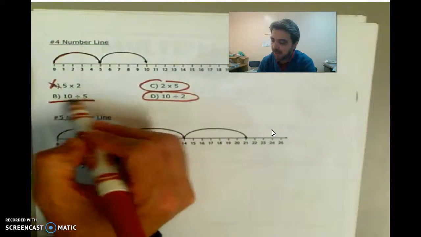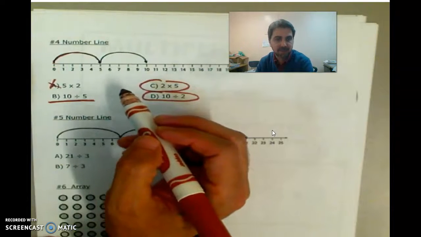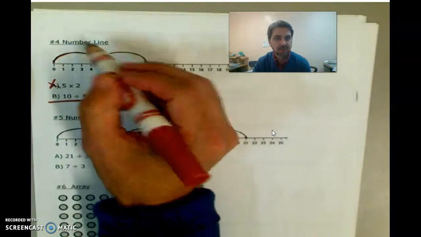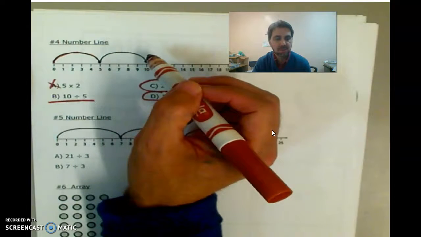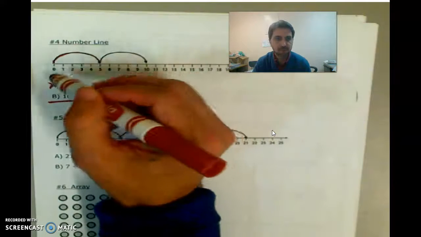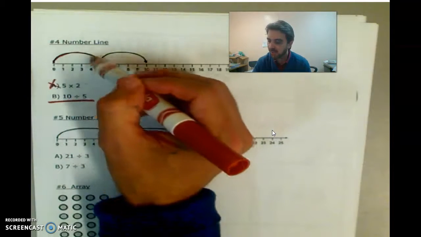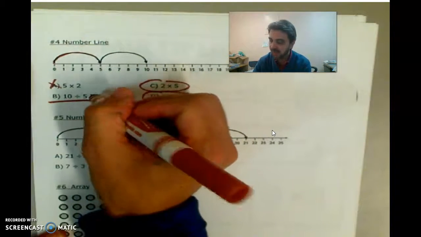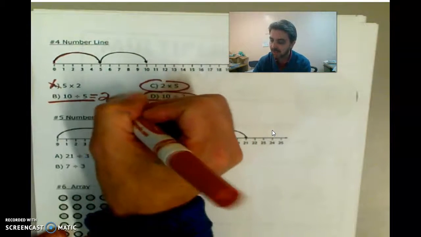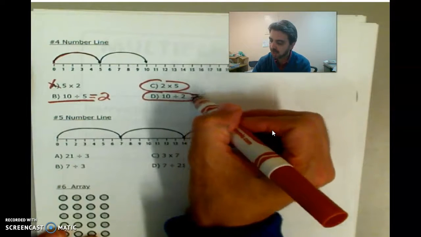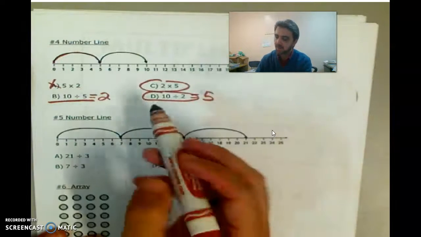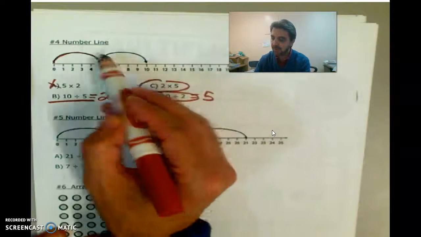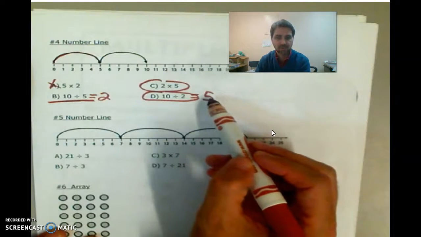What about this one, 10 divided by 5? Well, you could think of it as 10 divided into equal groups of 5. And how many groups are there? If we do groups of 5, we end up with 2 groups. So if I finish this equation, it would be 10 divided by 5 equals 2, and 10 divided by 2 equals 5, which means 10 divided into 2 equal groups gives us 5 in each group.